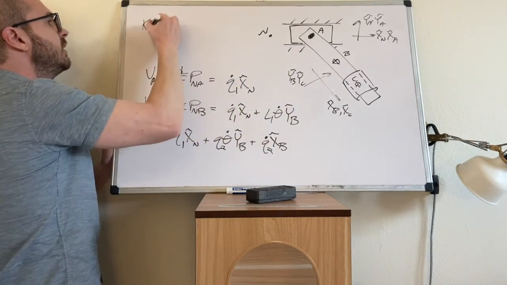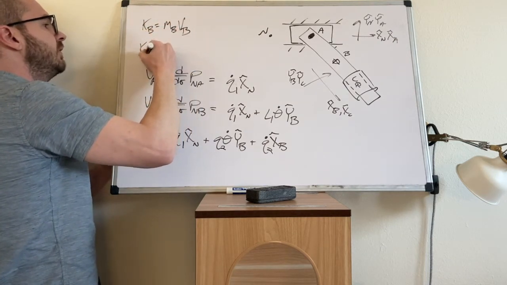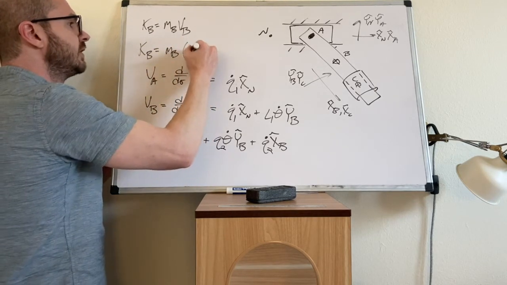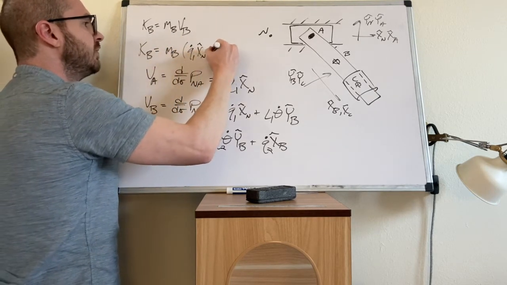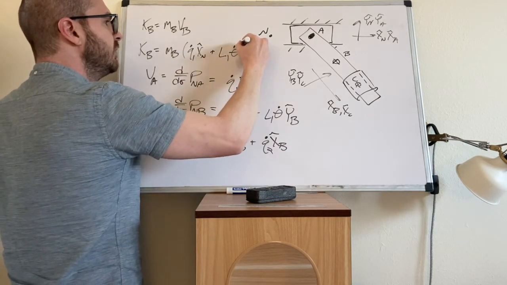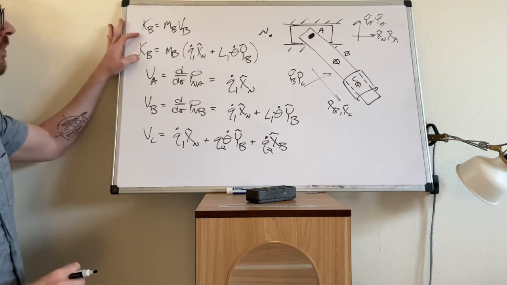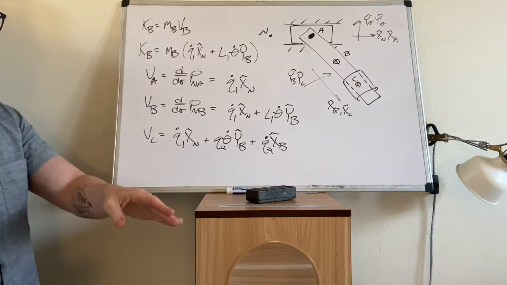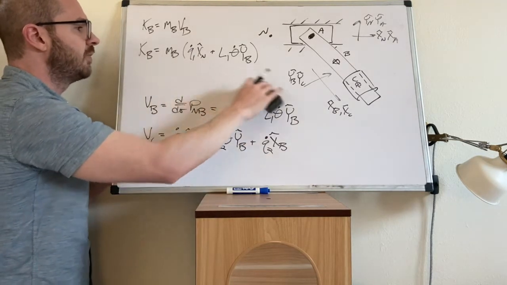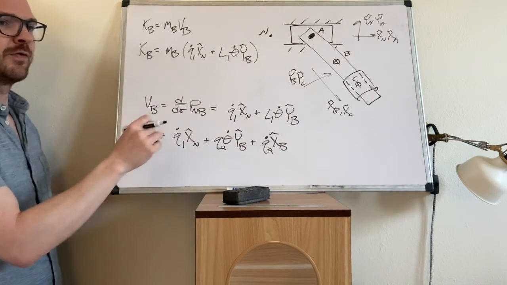KB is MB VB, so that is MB multiplied by this expression, Q1 dot X hat N plus L1 theta dot YB. Now, in some problems, it will ask for linear momentum of the body in a particular frame. So let's say that the problem asked for linear momentum of body B in the N frame.